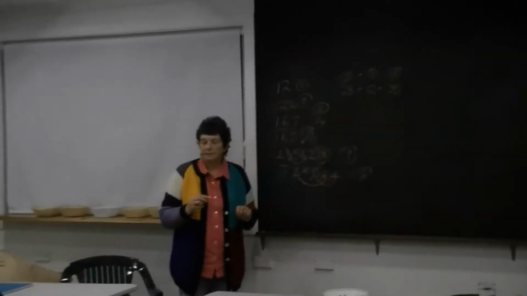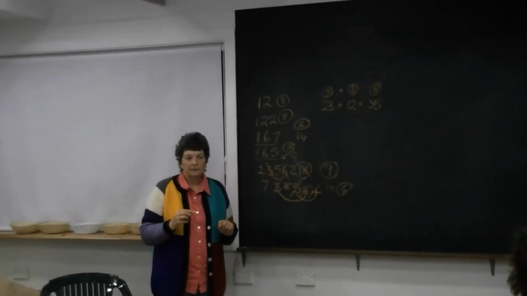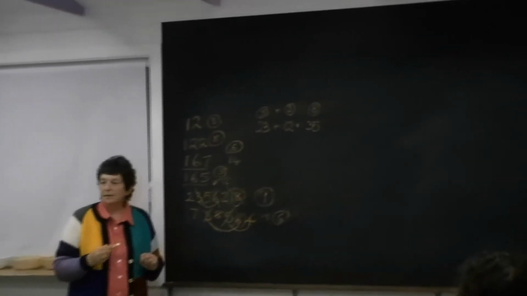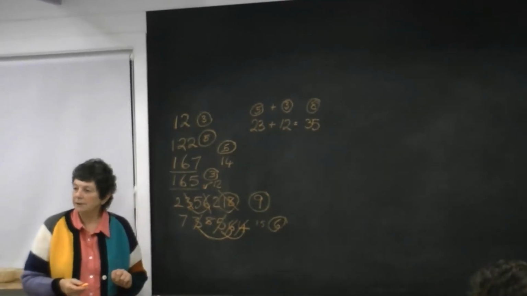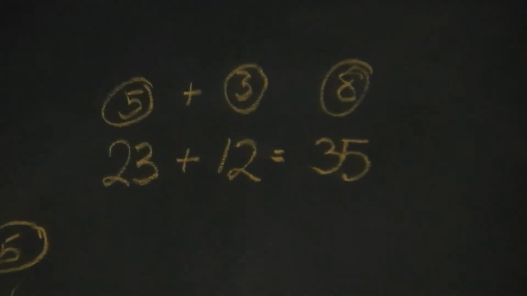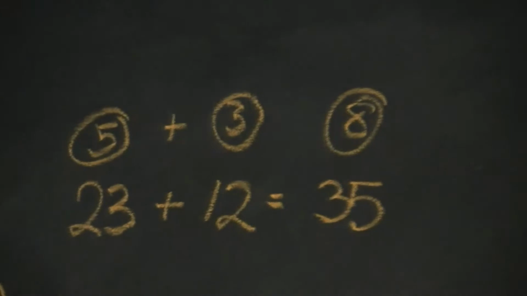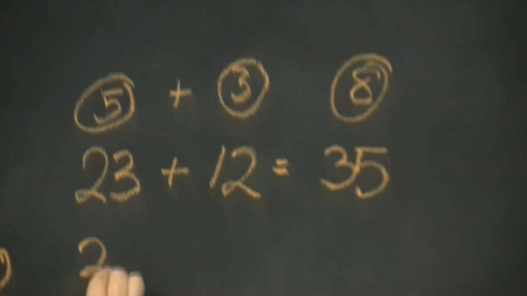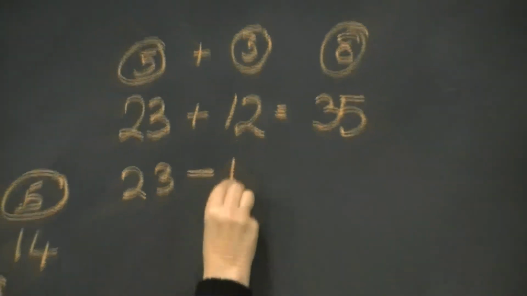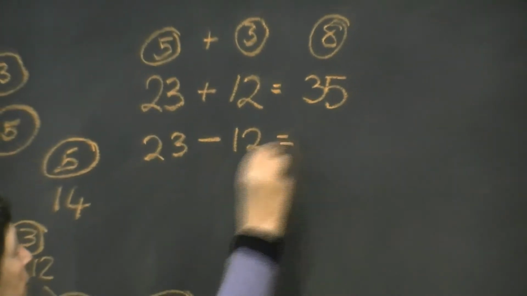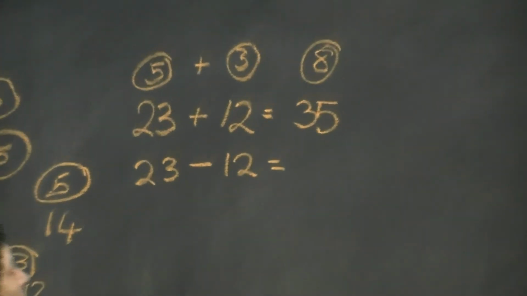Now, does that work always? Of course. So cool. So you can use that as a check. That's called the digit sum check. Let's do a takeaway. Let's do 23 minus 12, because we've got all our digit sums there. So what's 23 minus 12?